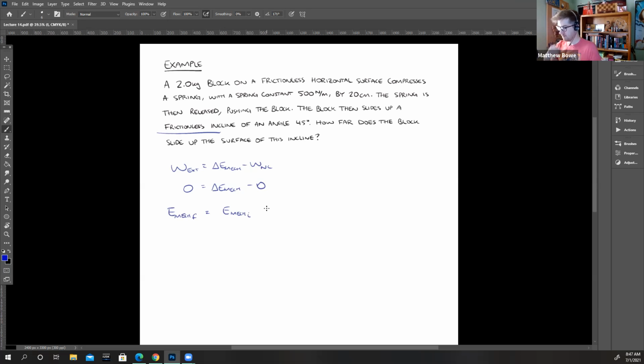Okay. Something I forgot to do even before this is I personally like to draw a picture before I even start a problem. So we have a block on a surface. The block is right here, some mass, and it's connected to a spring.